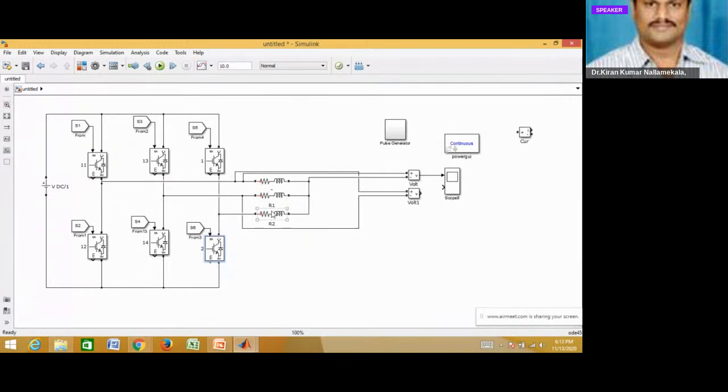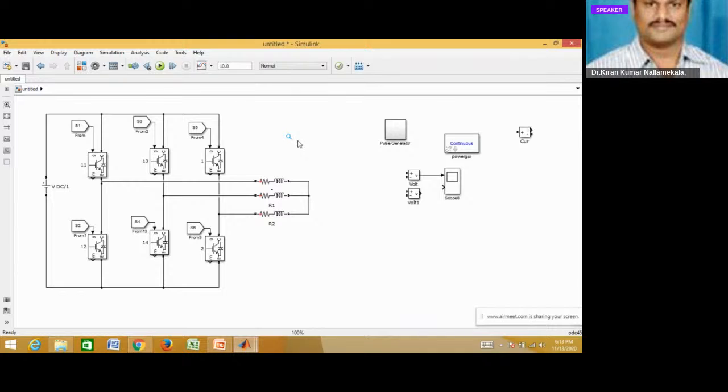Three RL loads are connected in a star connection, and up to this part it is the power circuit. DC source, IGBT switches, and all these loads are power circuit elements.